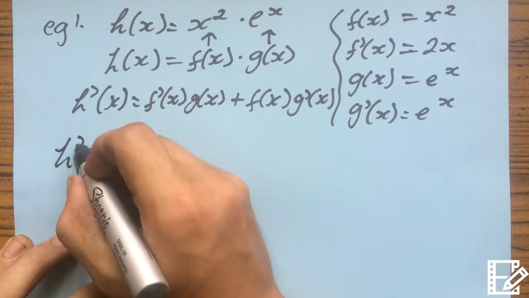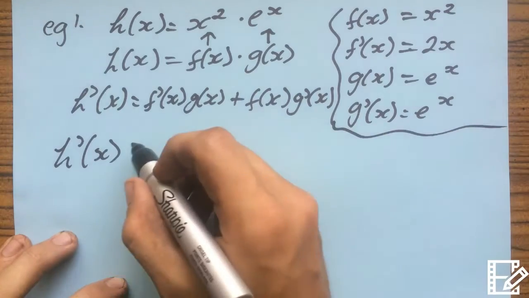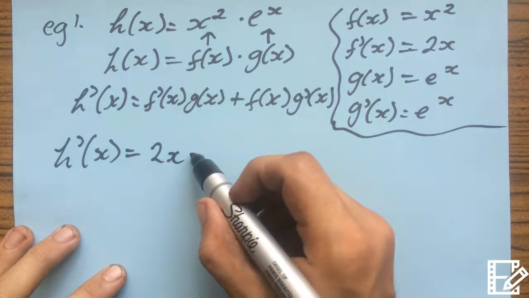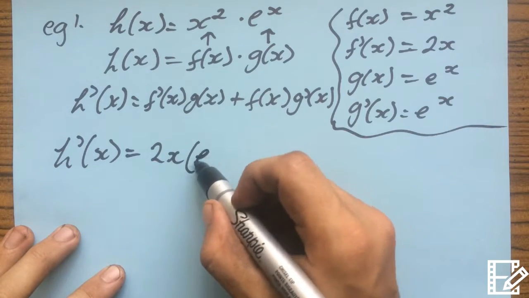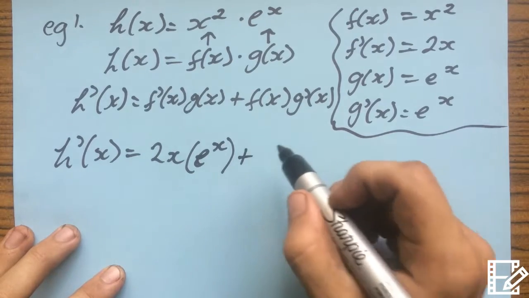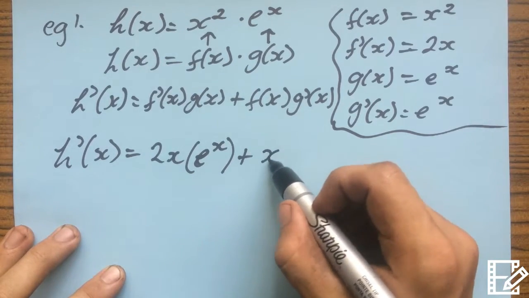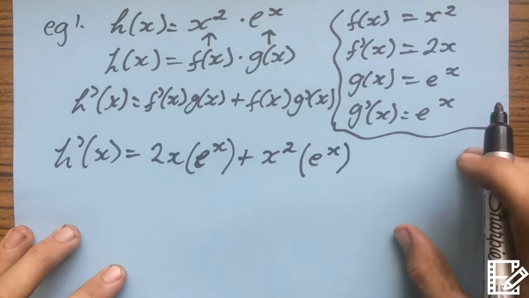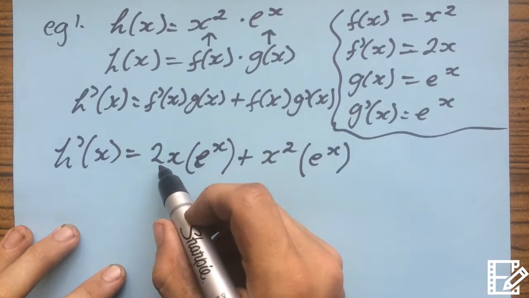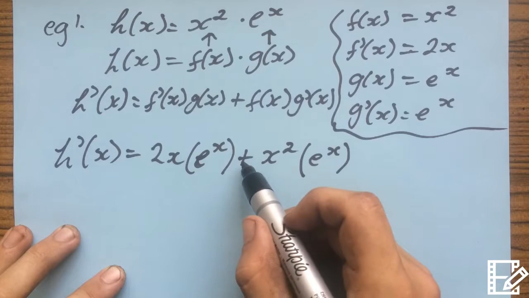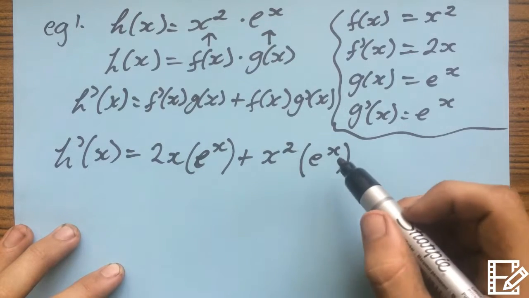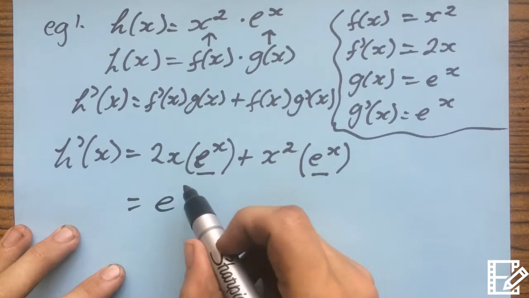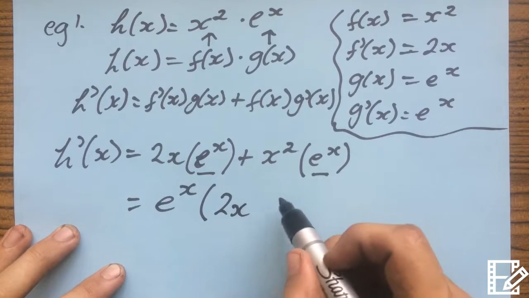So if we were to fill these values in, we would end up with 2x, because that's the derivative of f(x), multiplied by g(x), which is e^x, plus f(x), x squared, multiplied by the derivative of g(x), which is just e^x. Now, because we have 2x multiplied by e^x plus x squared multiplied by e^x, we can factor these out as such.